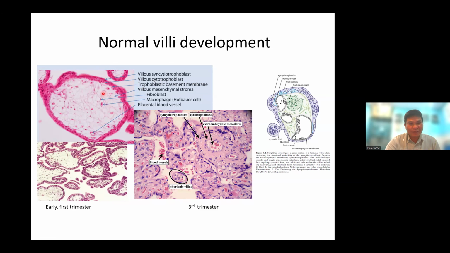Mesenchymal stroma here. Here are capillary channels and endothelial cells. For the third trimester, the villus becomes mature. Inside the villus is proliferative capillary for gas exchange and nutrition received from the mother. Thank you.